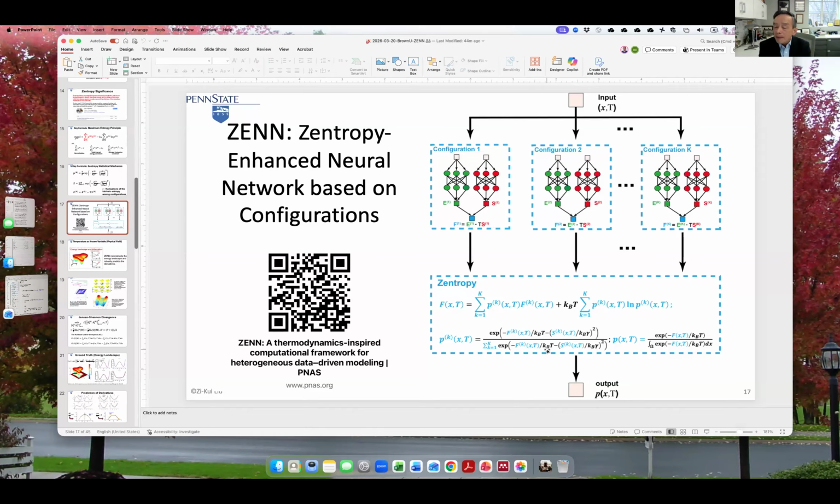That means for some data, entropy affects more, some affects less. So you start to categorize the data. Some data have high temperature because they affect energy more. Some data affect energy less, so it's a low temperature.